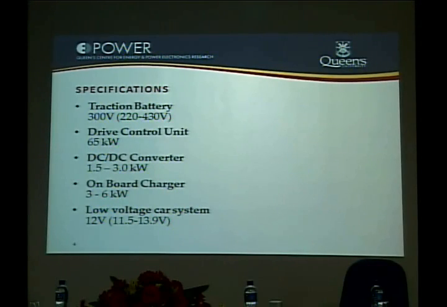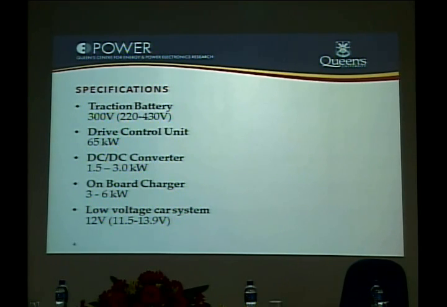There are some typical specifications for the electric car, and one is the traction battery. The traction battery is about 300 volts, but this battery voltage varies quite widely, from 220 volts to 430 volts, and this is a new kind of battery which is designed to give extra mileage for the car.